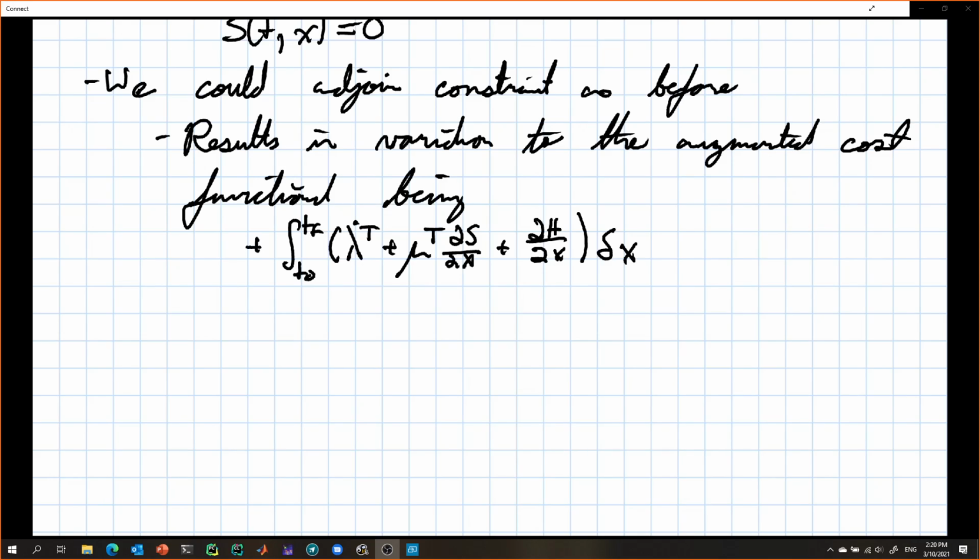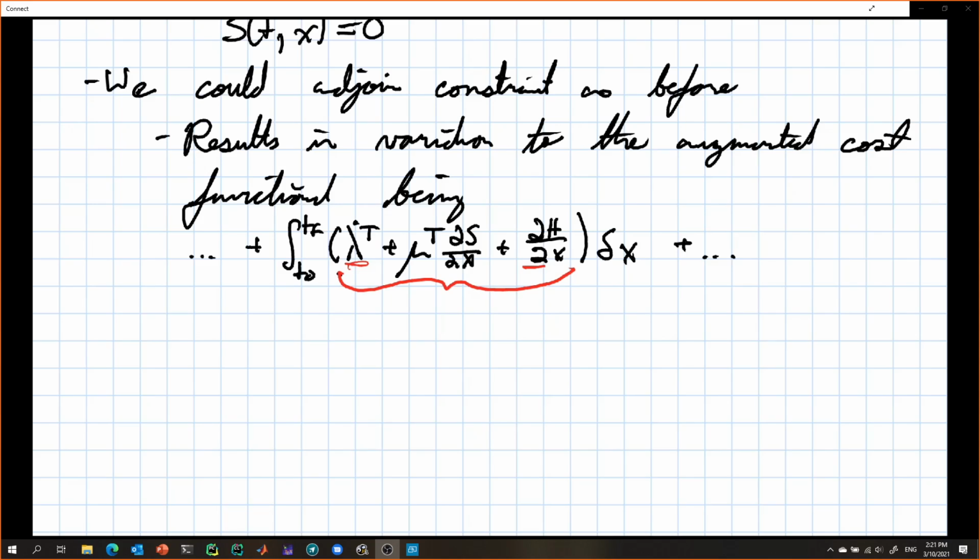So just to indicate that there's all this stuff here, I'm going to put these ellipses. But see that in this term here, we have not only, as before, where we can set the derivative of the co-states to be the negative of this partial of H with respect to the controls.